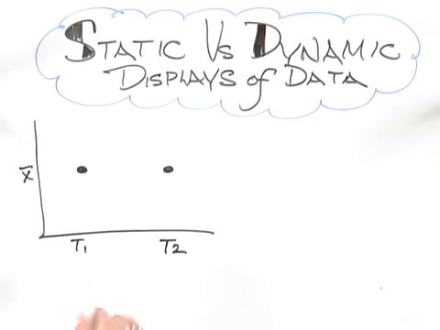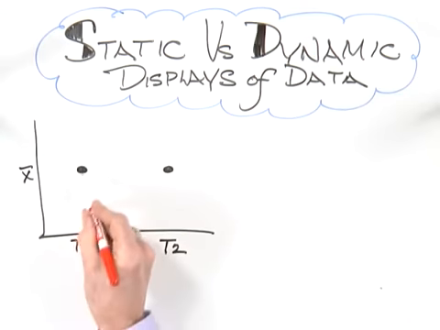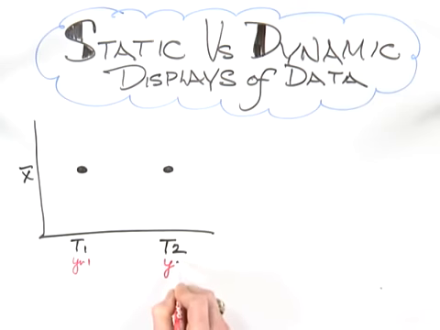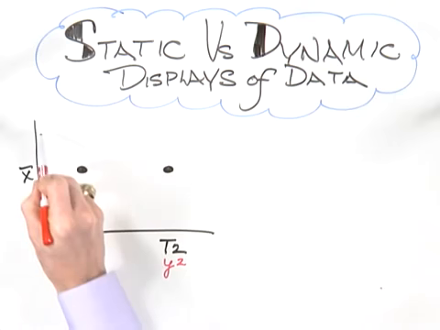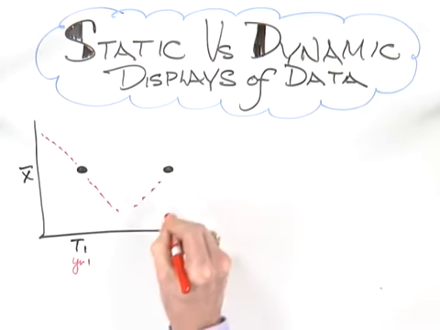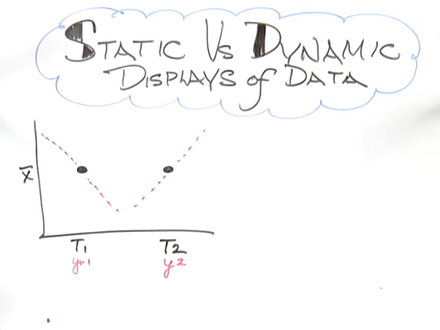But then if I plotted data over time and showed you this is year 1 and this is year 2, and I plotted the 12 months of each year, and you saw that year 1 actually looked like this and year 2 actually looked like this, you'd get a very different picture. Obviously, movement downward, movement upward, yet the means are the same.